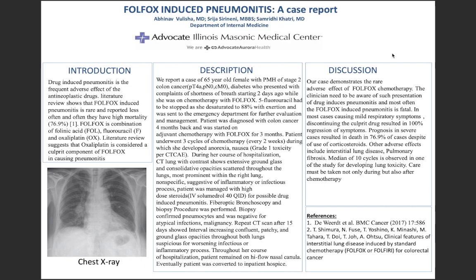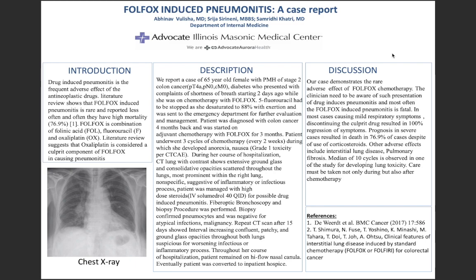A repeat CT scan after 15 days showed interval increased patchy ground glass opacities throughout the lungs, suspicious for worsening inflammatory process. During that time, she was completely out, and the family made the decision to make her hospice.